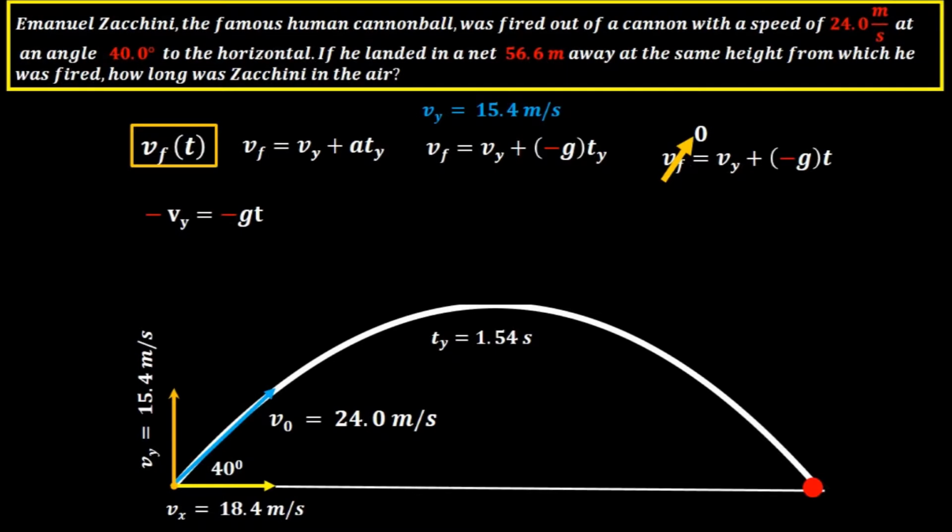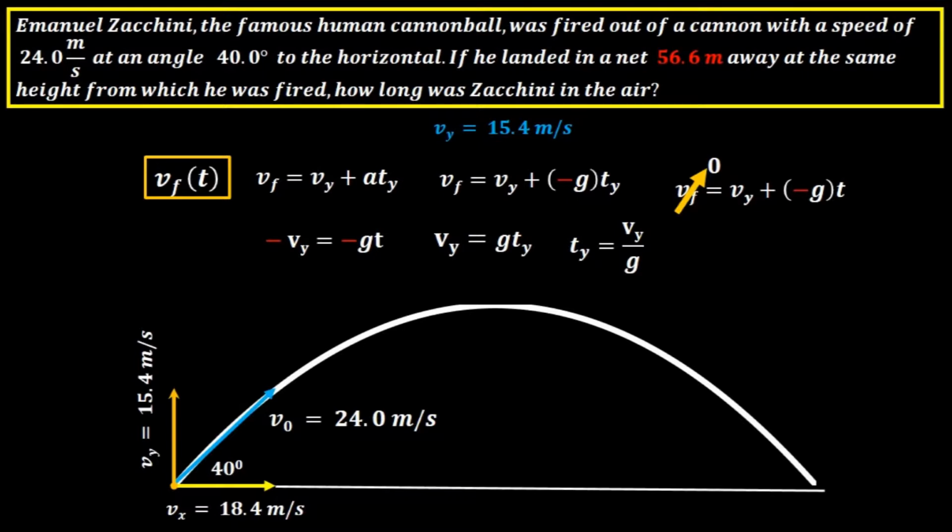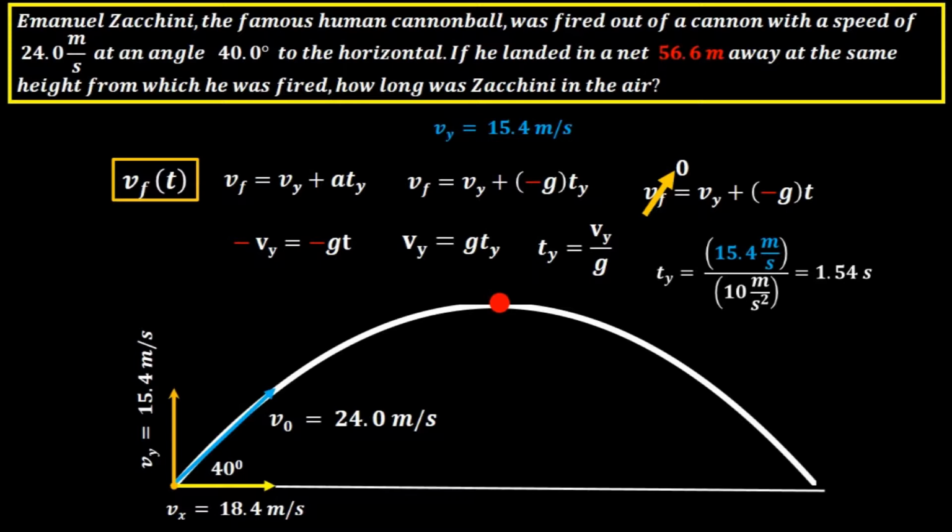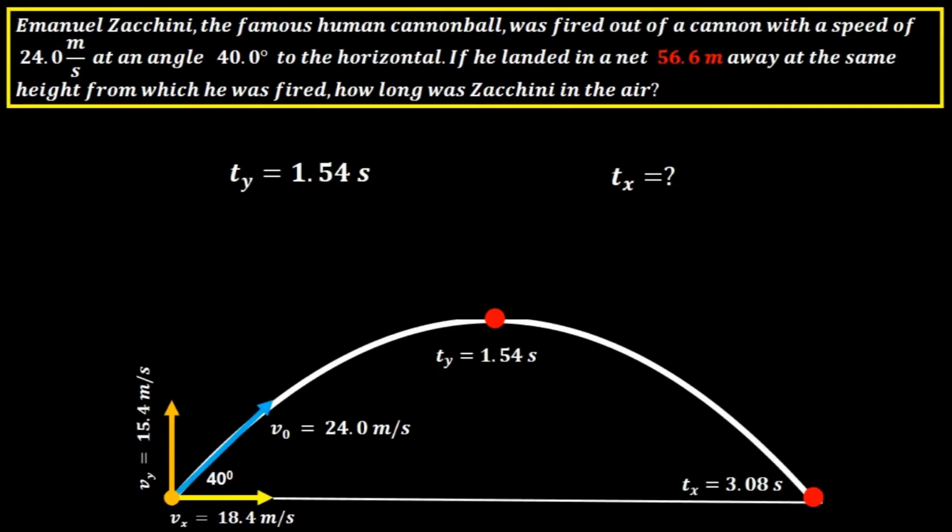I'm going to divide through by -1, and then solve for the short form equation. That's Vy equals gt. I could have used that equation to begin with, but I wanted to derive the appropriate equation, which is ty equals Vy over g. Plugging in, we get the appropriate answer, 1.54 seconds. 15.4 divided by 10 is 1.54.